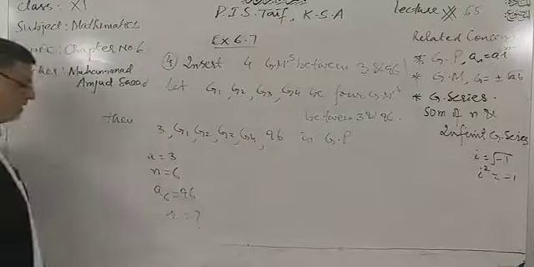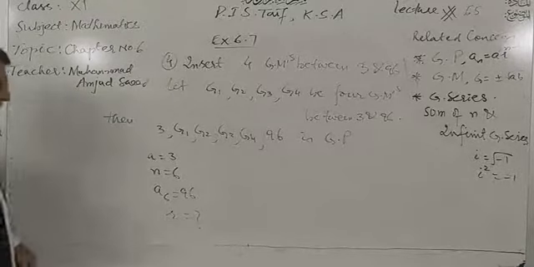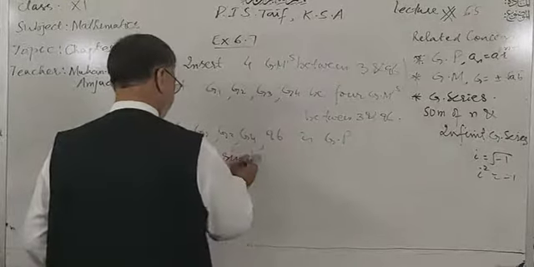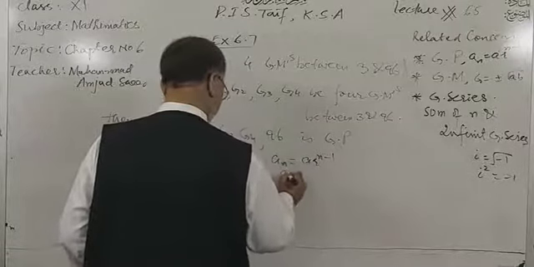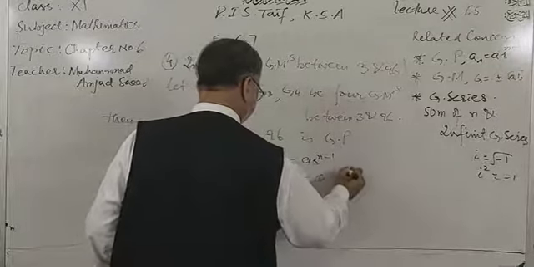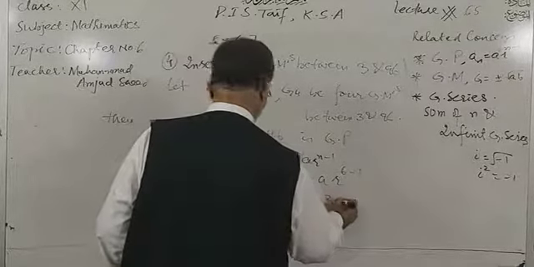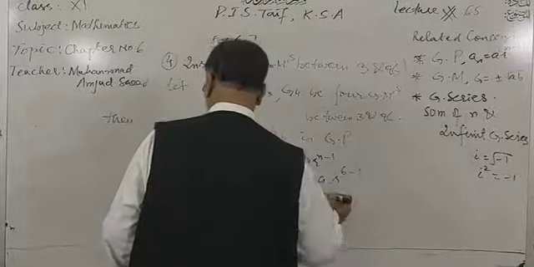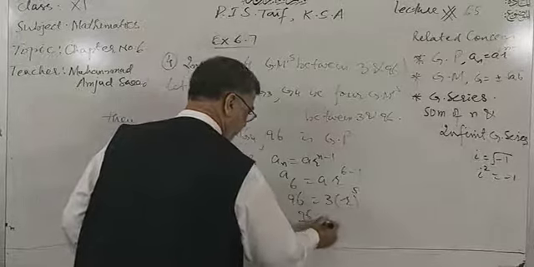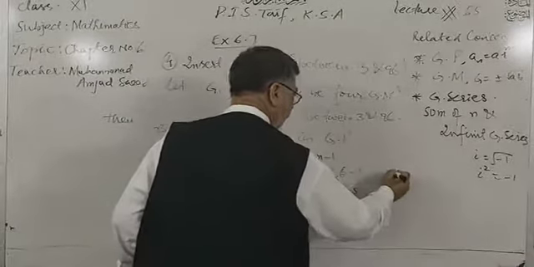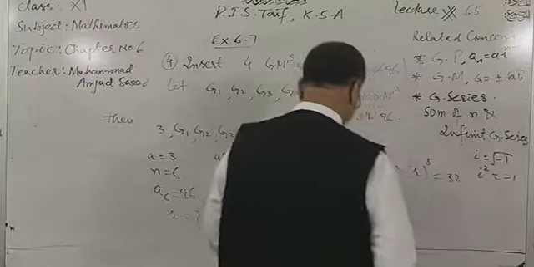Actually we have to find the value of R. Using An is equal to A R^(n minus 1), A6 is equal to A R^(6 minus 1). A6 is 96, A is 3, R^(6 minus 1) is R^5. Dear students, 96 over 3 is equal to R power 5. So we have R power 5 is equal to 32.